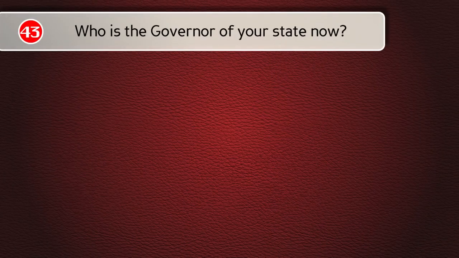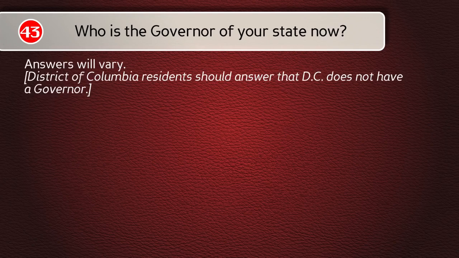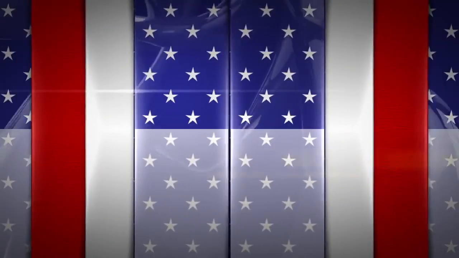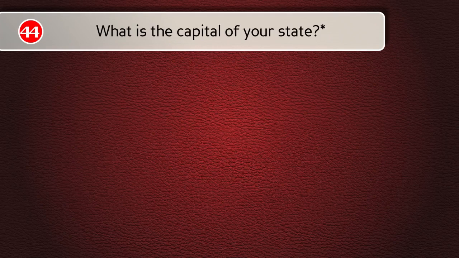Who is the governor of your state now? Answers will vary. District of Columbia residents should answer that D.C. does not have a governor. What is the capital of your state?